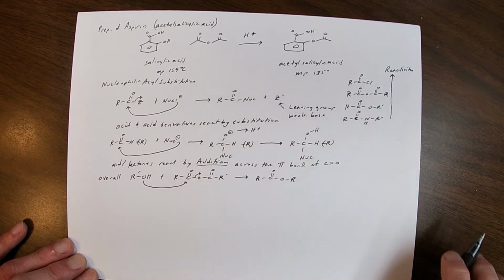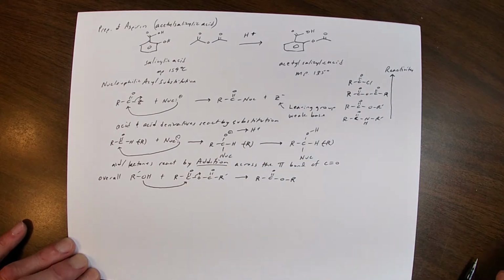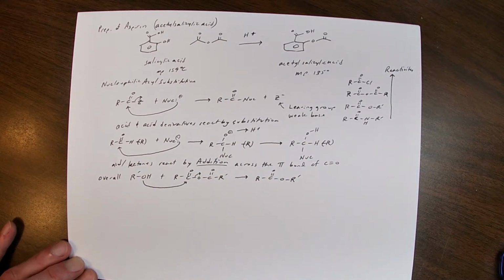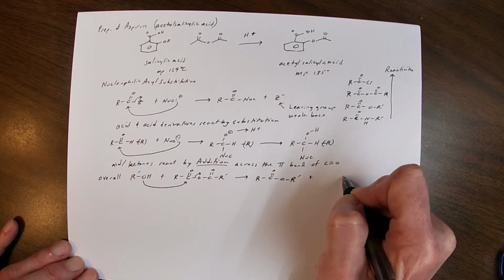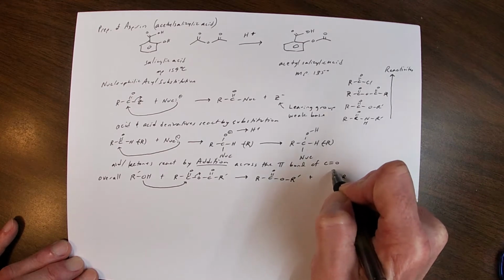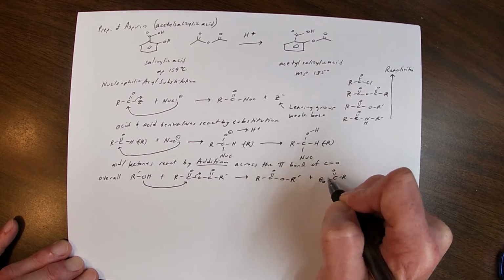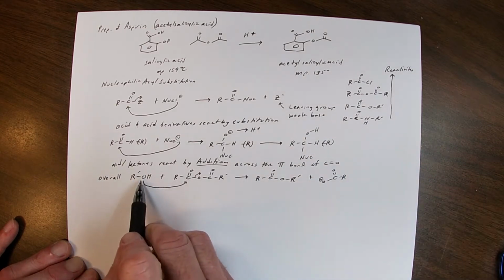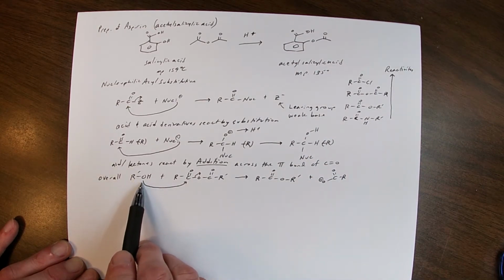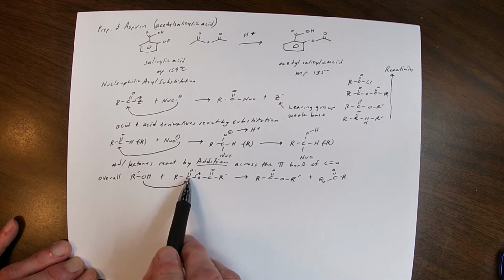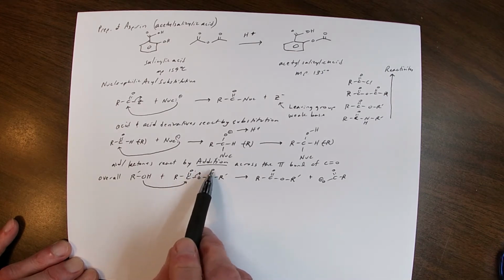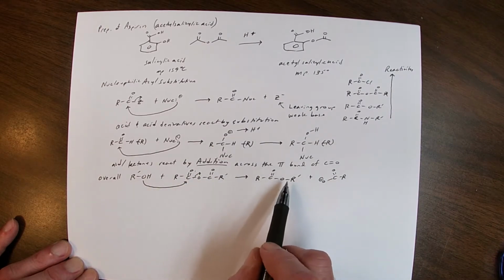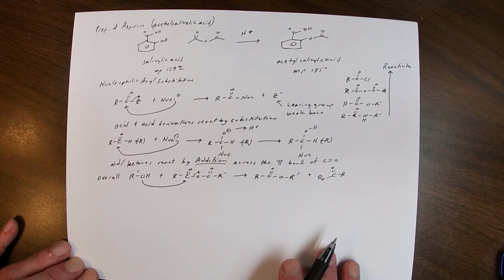So again, if I put this as my prime, plus again, we're going to have the carboxylate as the byproduct that we don't really care about. All right, so overall reaction, nucleophilic acyl substitution, the alcohol attacks, electron pair flips up, flips back down, kicks off, again, the carboxylate as the leaving group, and you've substituted the nucleophile.